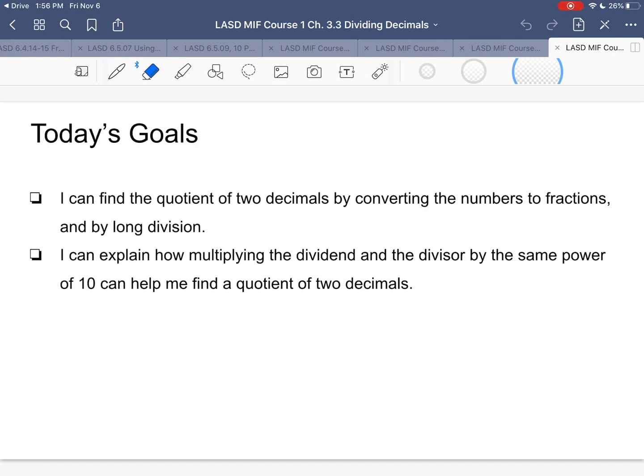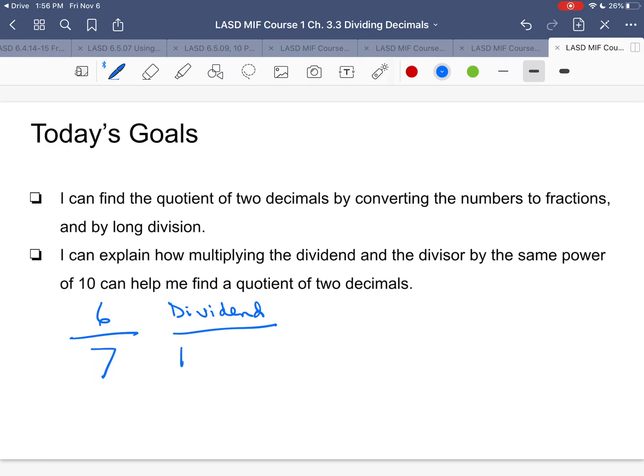And so just to talk about some of the language here, the dividend and the divisor, let's use as an example 6/7. 6, the number above the fraction bar, is the dividend, and the number below the fraction bar is the divisor. So the dividend is 6 and the divisor is 7.